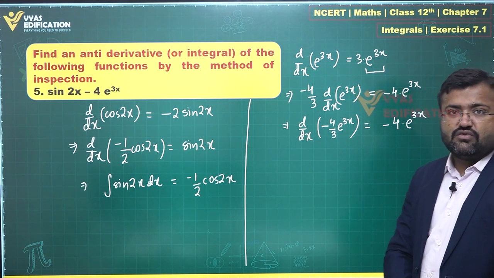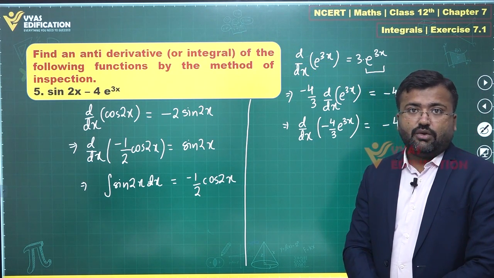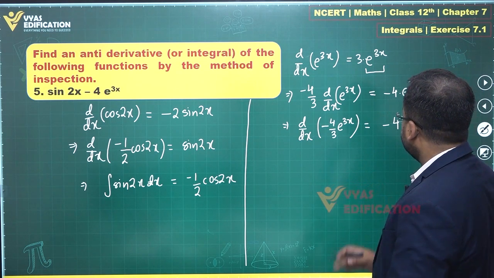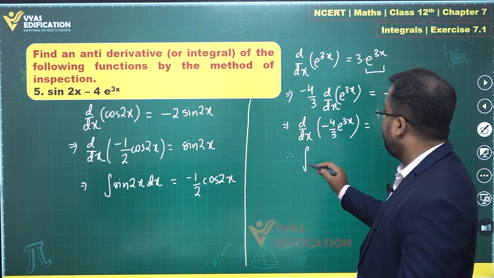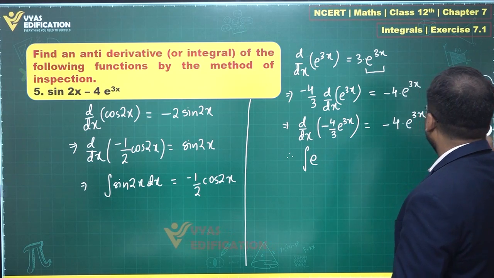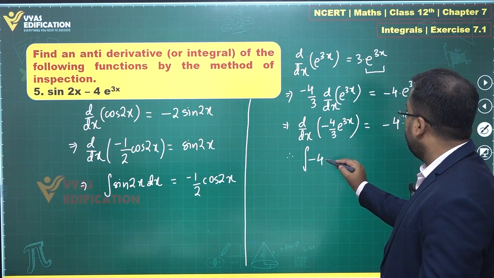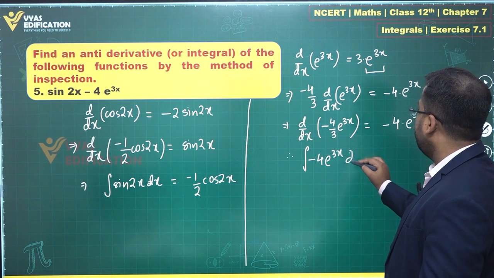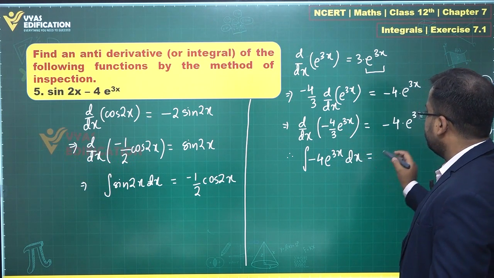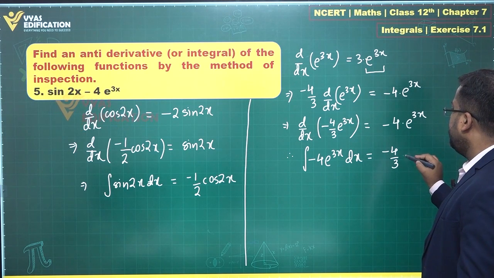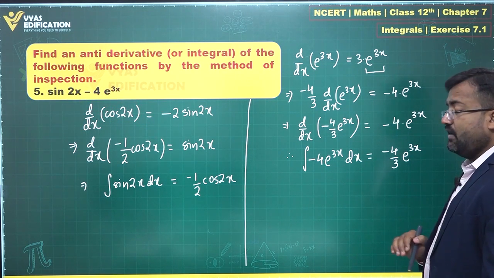This is what it is equal to, right? Okay, once we have written this properly, then we can say that therefore the integral of minus 4 e power 3x dx is equal to this whole function, which is minus 4 by 3 e power 3x.